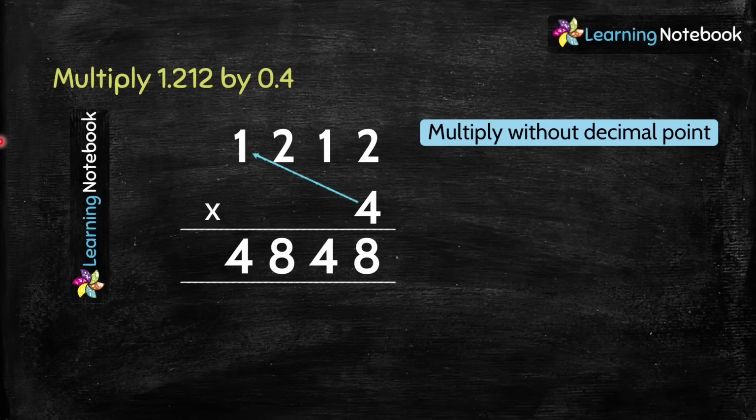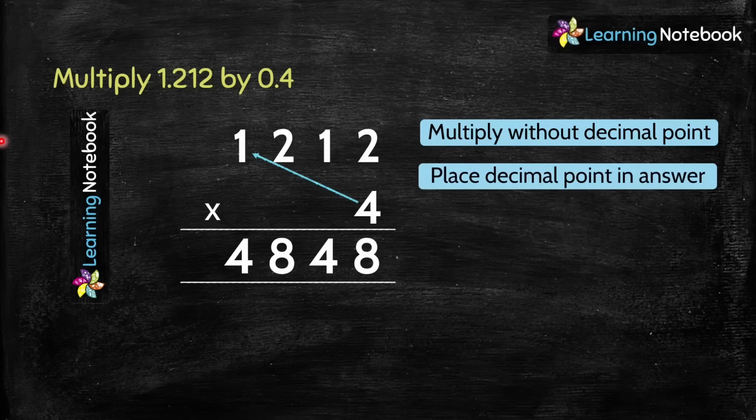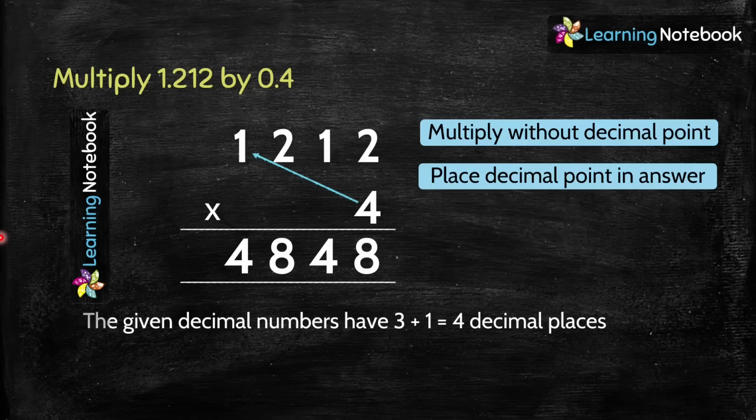Now students, look at the given decimal numbers. 1.212 has 3 decimal places and second decimal number 0.4 has 1 decimal place. So in total there are how many decimal places? 4. There are 4 decimal places. So we will place decimal point in the answer after 4 decimal places. So answer is 0.4848.